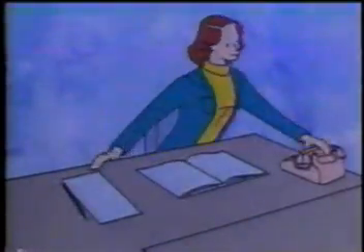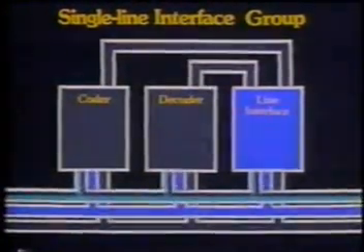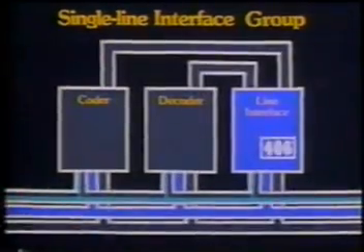As Kathy picks up her receiver, her interface group detects the off-hook condition. With the change in status, the CPU cancels the commands which supplied both the ringing and the ringback tone. Now, with the placement of 4 last commands, the voice path between the 2 extensions is established, and the switching process is complete.